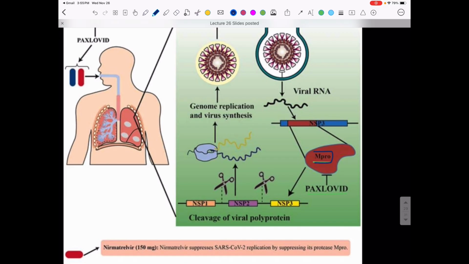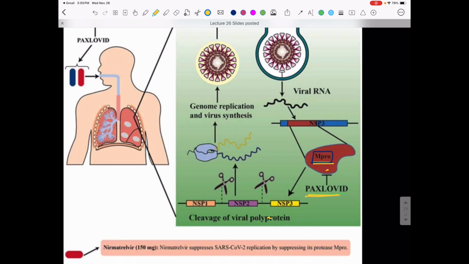As soon as the M protein is synthesized from the virus's genetic information, Paxlovid can interact with it, bind to it strongly, and cause the protein to be degraded.